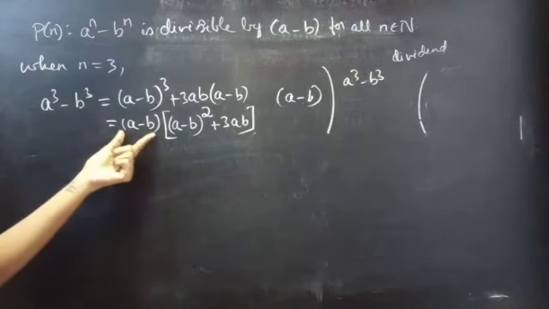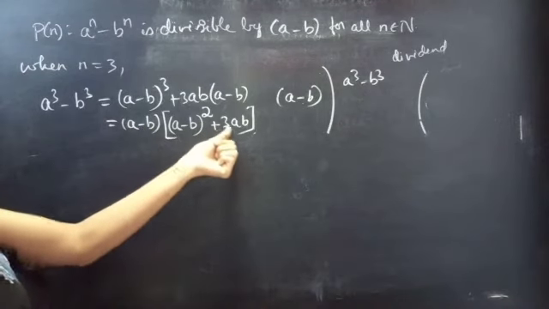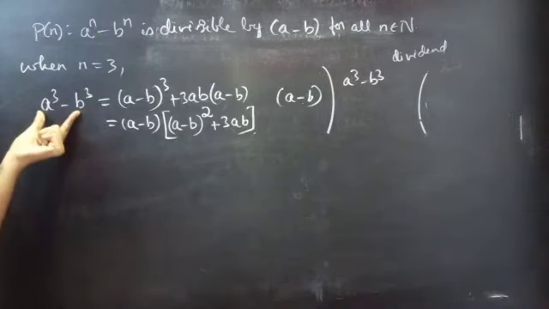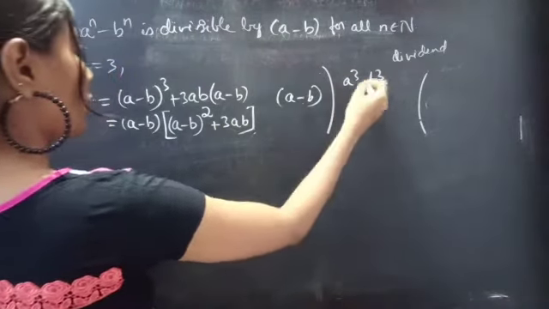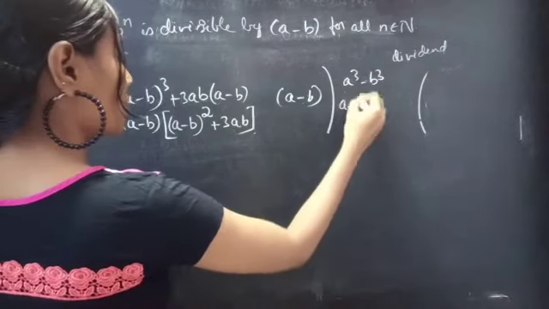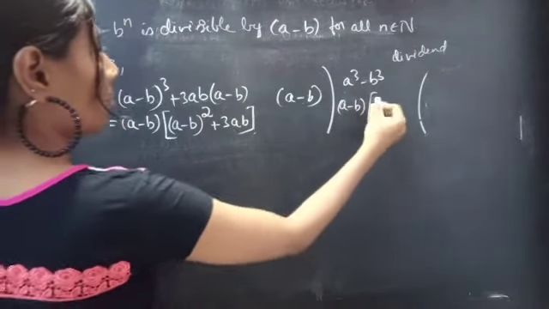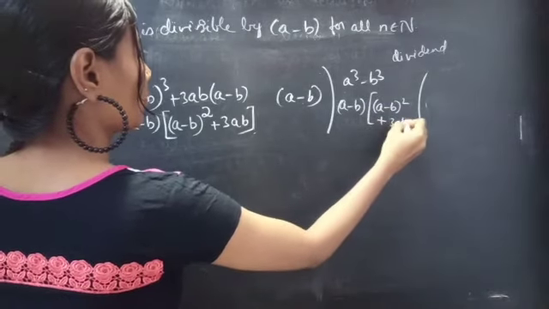So this is a multiple. A minus b into a minus b whole square plus 3ab gives a cube minus b cube, right? Then just write a cube minus b cube as a minus b times a minus b whole square plus 3ab, right?